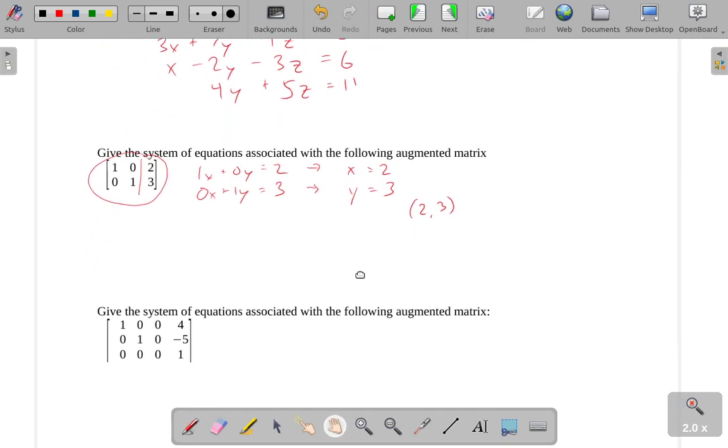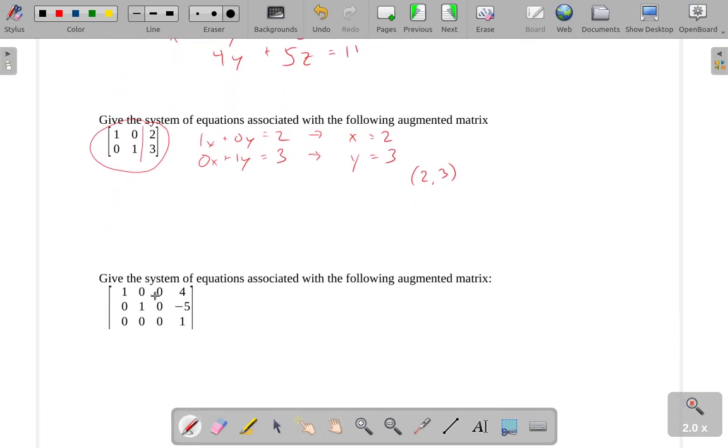Let's look at what it looks like when we have 3 variables, though. Well, I guess that's a bad example. Let me make an example here. 1, 0, 0, 0, 1, 0, 0, 0, 1 there. And let's say 5, 0, negative 1. This augmented matrix would also represent a solved system of equations.